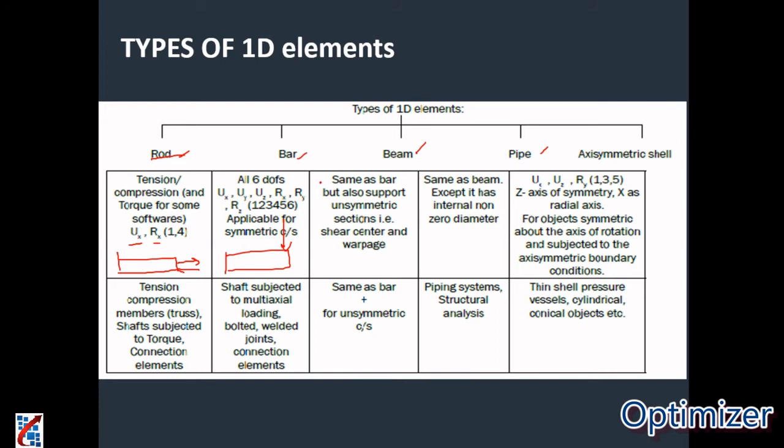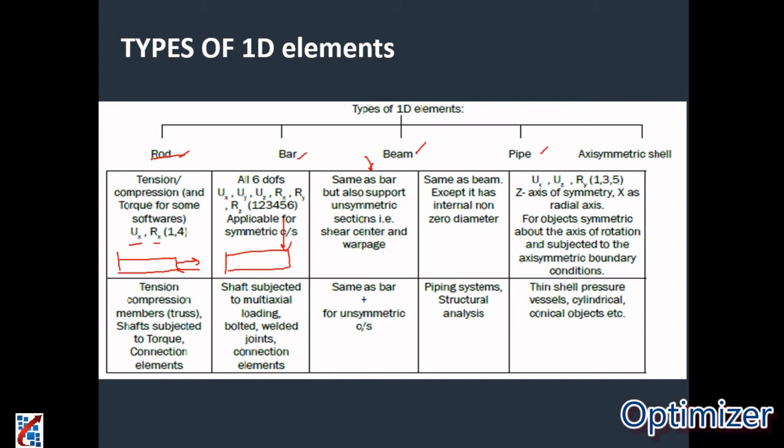Now let us move to the beam element. The beam element is the same as the bar element, the only difference is that bar elements are only applicable for symmetric cross sections, but you can apply a beam element to a symmetric as well as an unsymmetric cross section. Here also, for any kind of 1D analysis you can use a beam element. 6 degrees of freedom are present in a beam element.